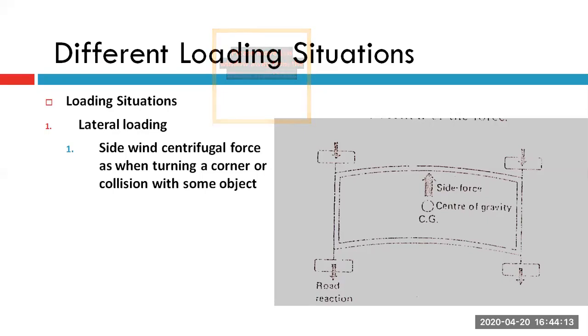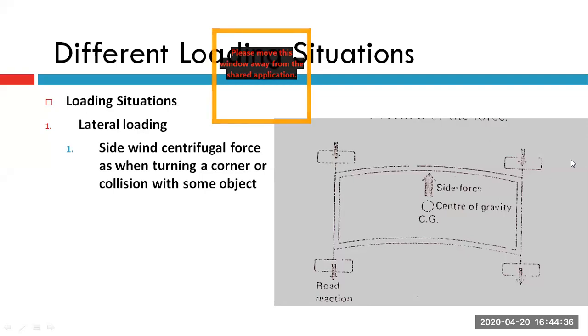But apart from that, lateral load shift might also occur whenever you are trying to take a turn, or move your vehicle on a curved road. So you might have a force which is going to shift the load. If the side force is upwards, that means loading from these two wheels is going to be shifted to these two wheels.